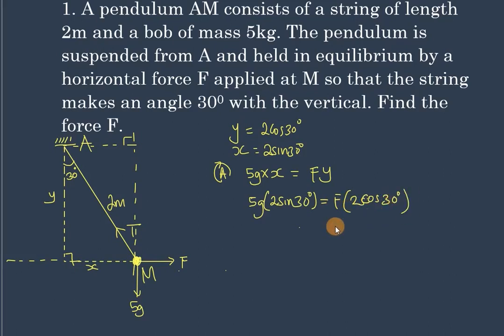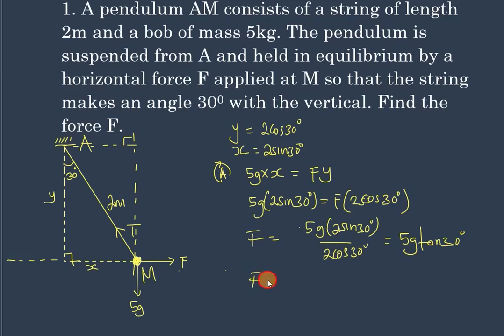You can see that F is equal to 5 times g times 2 sine 30 degrees divided by 2 cosine of 30 degrees, which is equal to 5g times tan of 30 degrees.